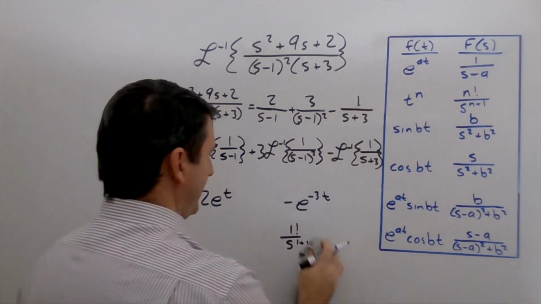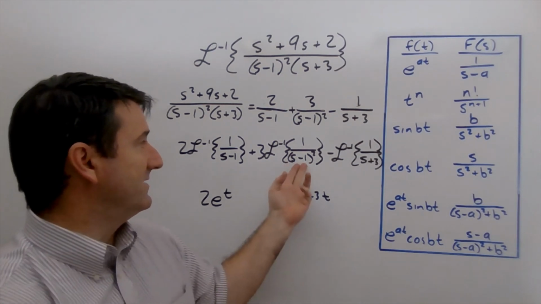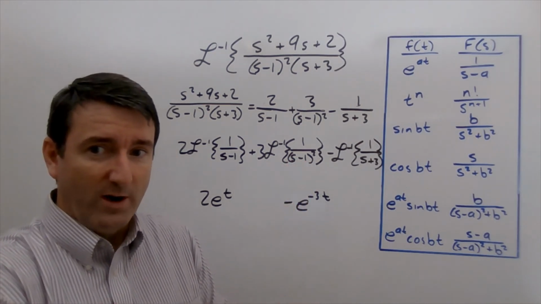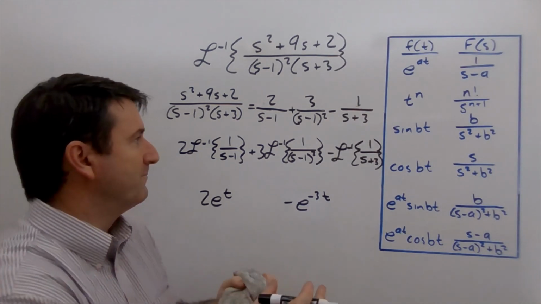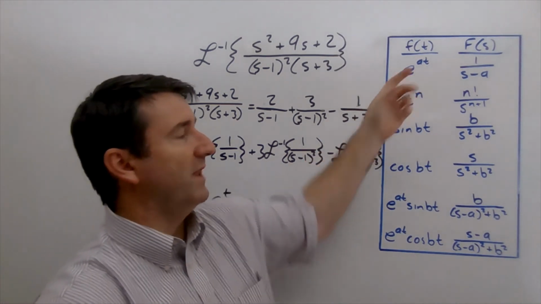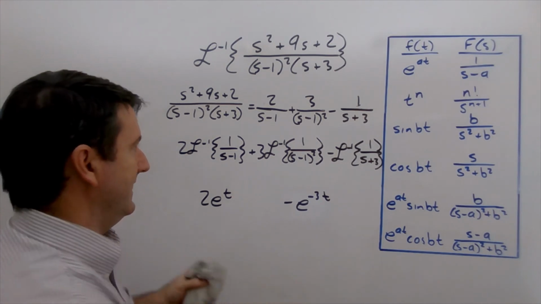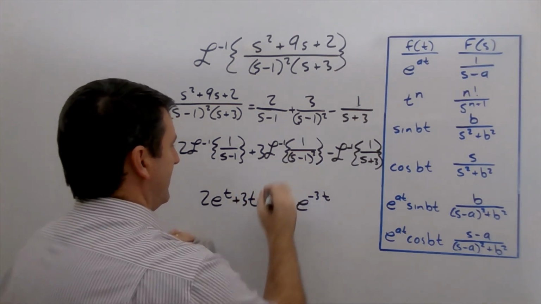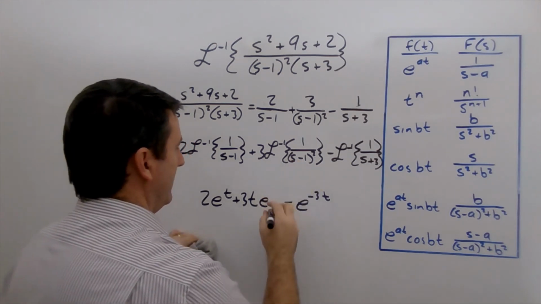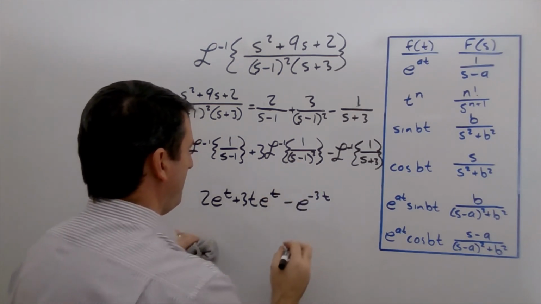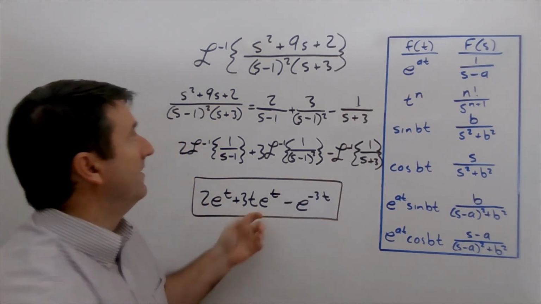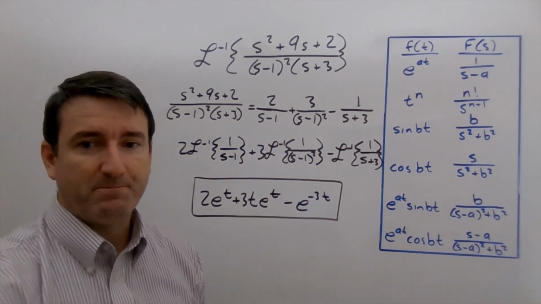So this is just t, or it would be if this were 1 over s squared, but we replace that s with s minus 1. So remember, that's that translation where we're going to multiply by e to the at. So this is going to be plus 3 times t times e to the 1t. And so there's our inverse Laplace transform for that function of s.